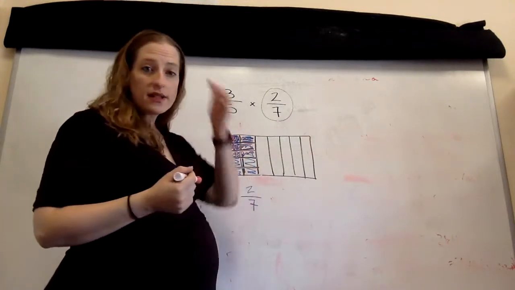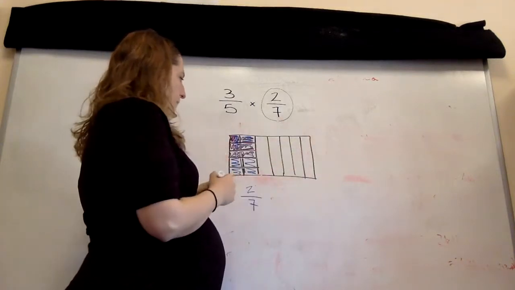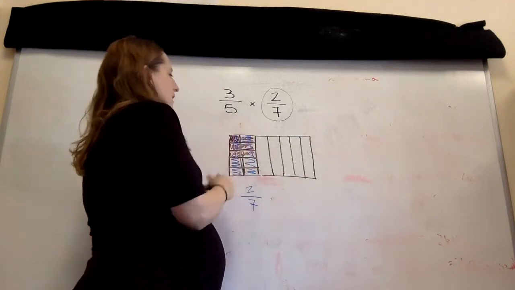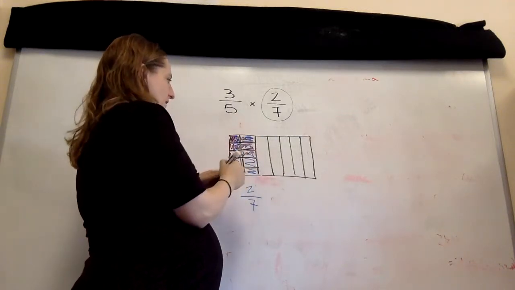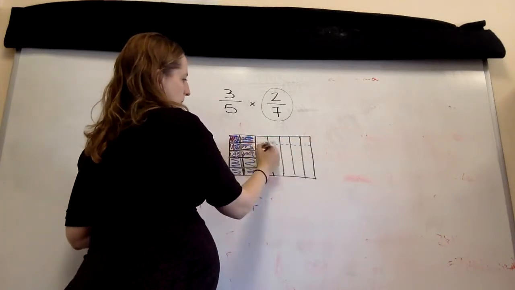Now to get my final answer, I'm going to relate that back to my original whole. That is my original rectangle. Notice that when I split my 7ths into fifths, I could continue that for the rest of this shape.